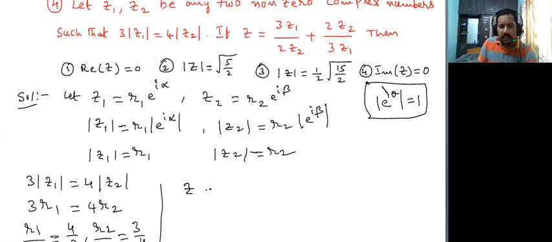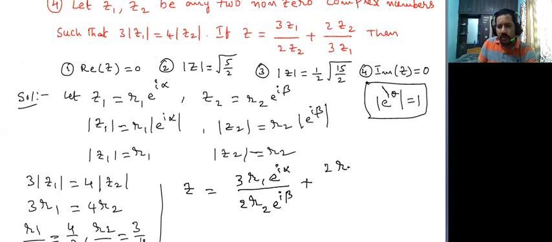Z is equal to 3 into mod Z1, that is R1 e power i alpha, divided by 2 mod Z2, that is R2 e power i beta, plus 2 R2 e power i beta divided by 3 R1 e power i alpha.